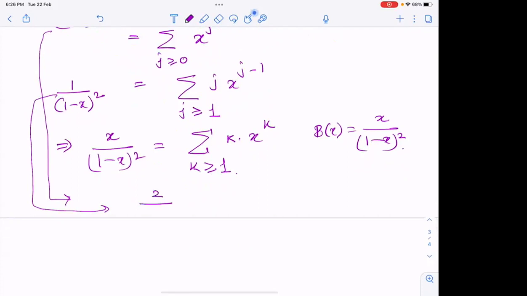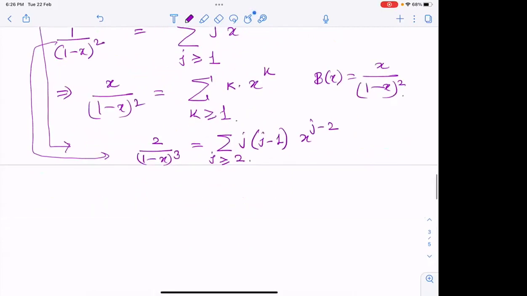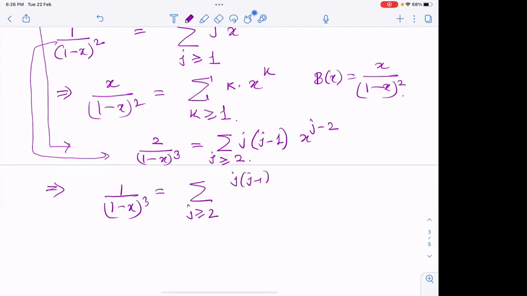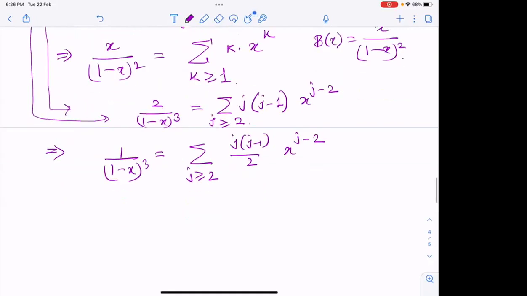So if I derive it, I'm just doing some simple manipulation. So 1 minus x cubed equals the sum over j greater than or equal to 2 of j minus 1 x power j minus 2. Now multiply both sides by x squared.